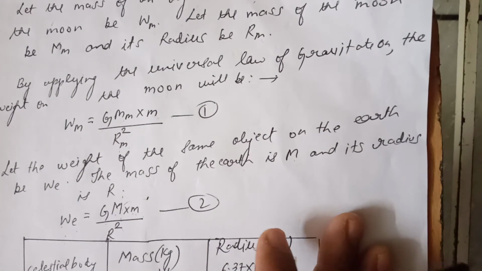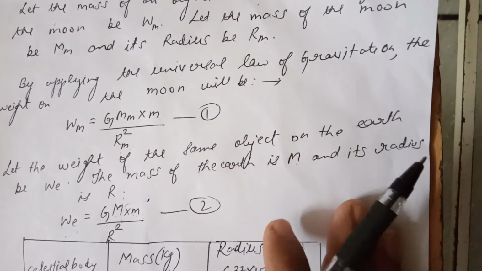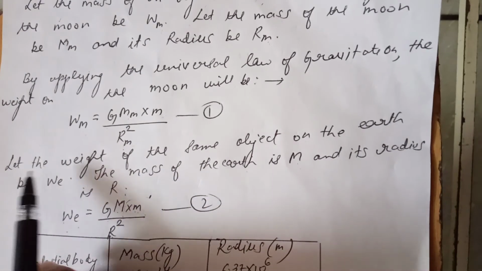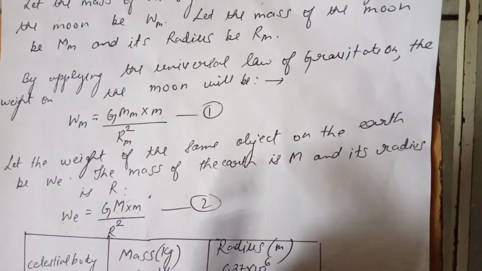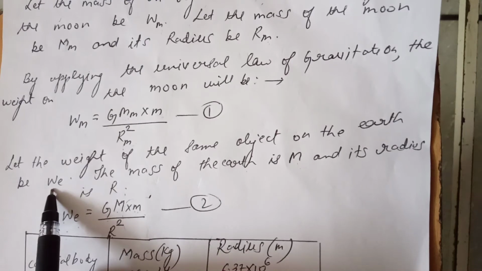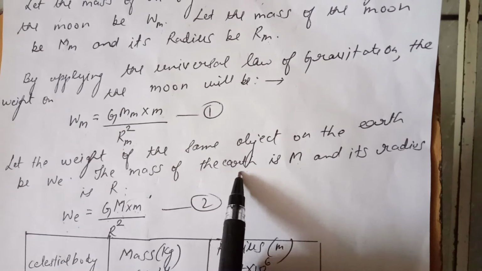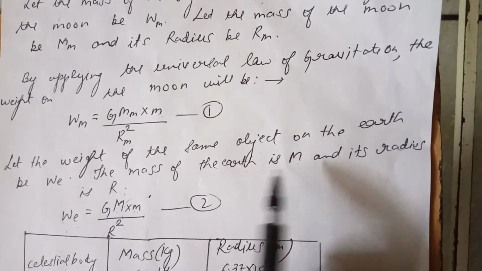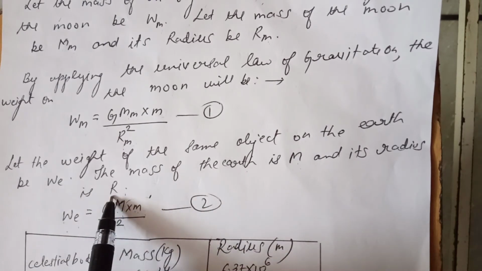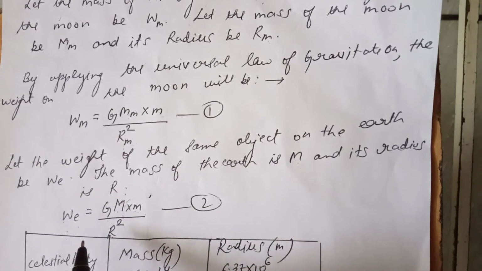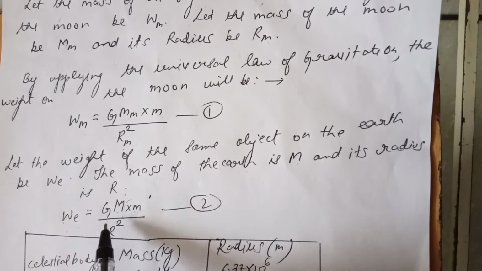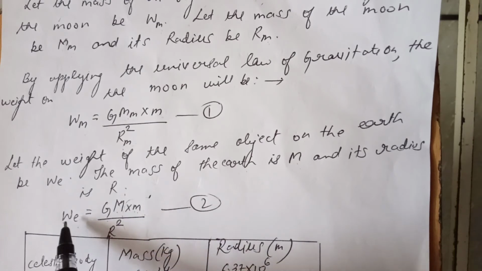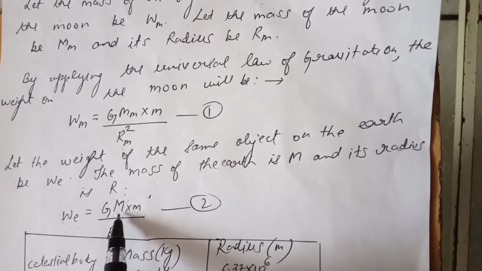Similarly, we will calculate the weight on the surface of the earth. Let the weight of the same object on the earth be We. The mass of the earth is considered as capital M, and the radius is considered as capital R. So here also we will apply the universal law of gravitation, and We will be equal to capital G M m upon R square.